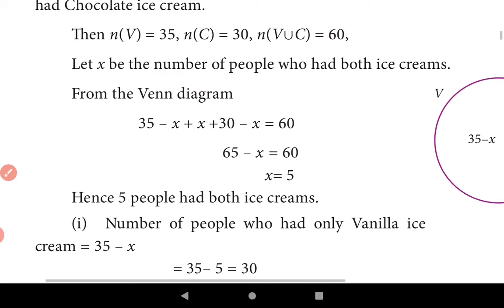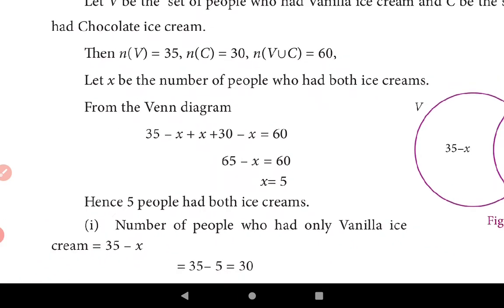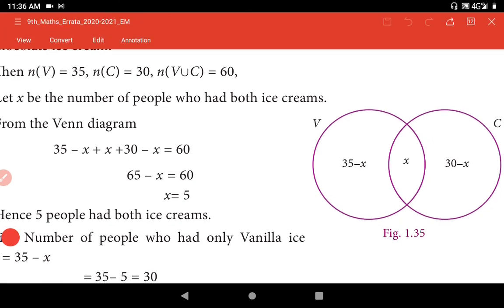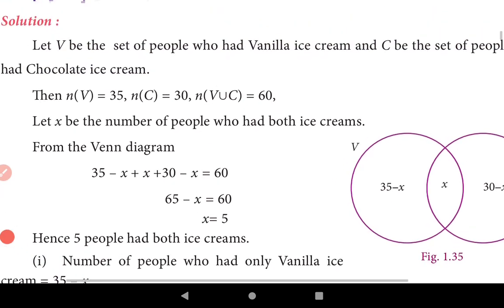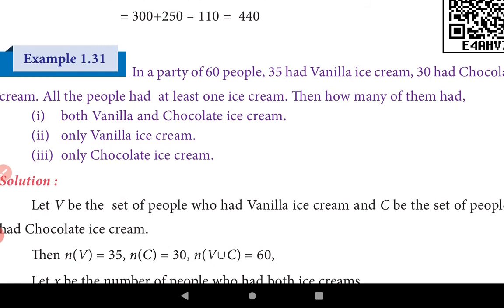So what we do here, listen. Let number of V be equal to 35 and number of C be equal to 30. We know that the number of V union C is 60, which means these 60 are all the people. Now we use the formula.